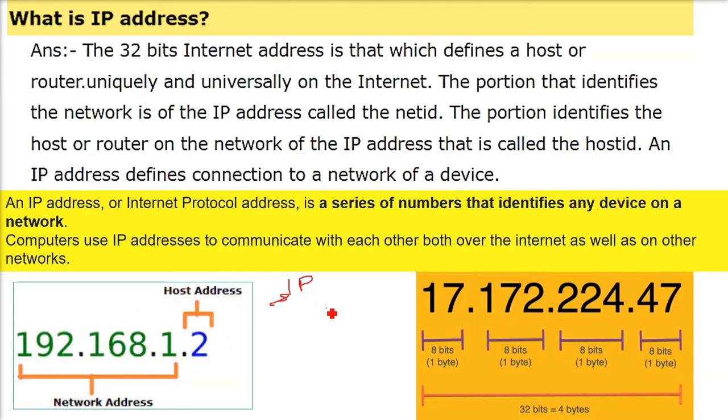So an IP address, or internet protocol address, is a series of numbers that identifies any device on a network. The first part will take you to the network, the other part will take you to the host address. So computers use IP addresses to communicate with each other, both over the internet as well as on networks. These are dot separated.